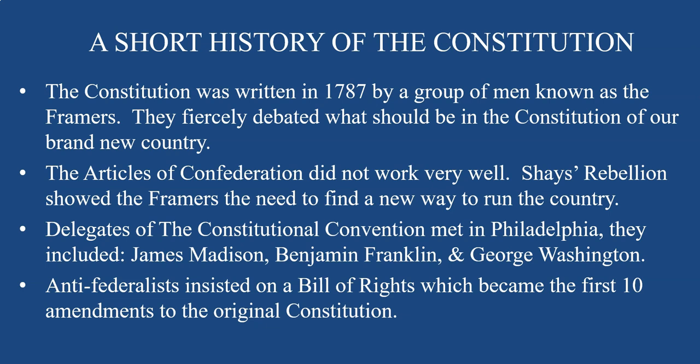They included persons such as James Madison, Benjamin Franklin, George Washington, and I'm going to throw in there also Thomas Jefferson. All of those people came together, along with many more, to put together this document that would create a strong government. Now, anti-federalists insisted on a Bill of Rights, which became the first 10 amendments to the original Constitution.